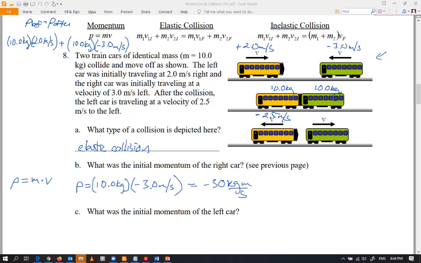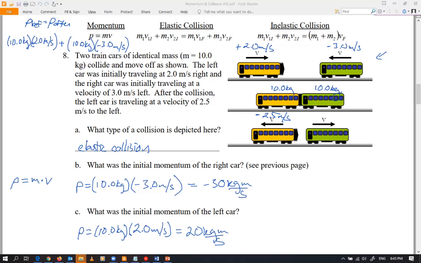What was the initial momentum of the left car? Same setup: 10.0 kilograms times, in this case, the positive 2.0 meters per second, which gives us an initial momentum of 20 kilogram meters per second.